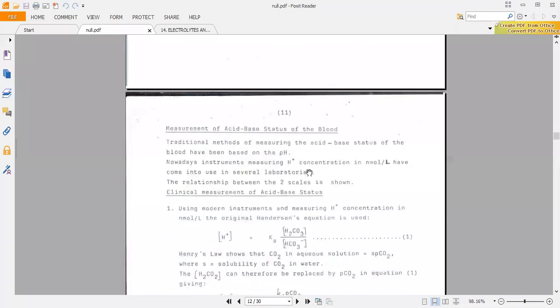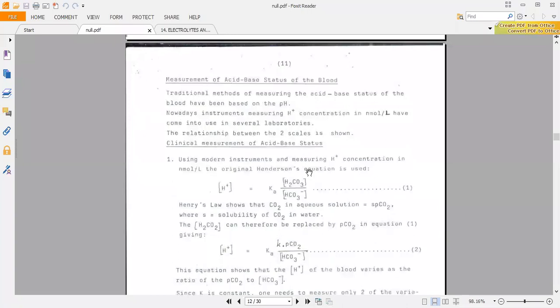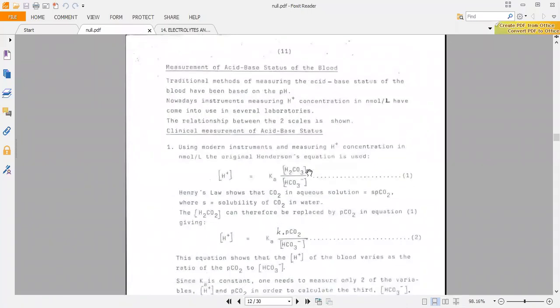Now let's look at certain principles. Now we saw that pH is equal to pKa plus log of salt over acid.